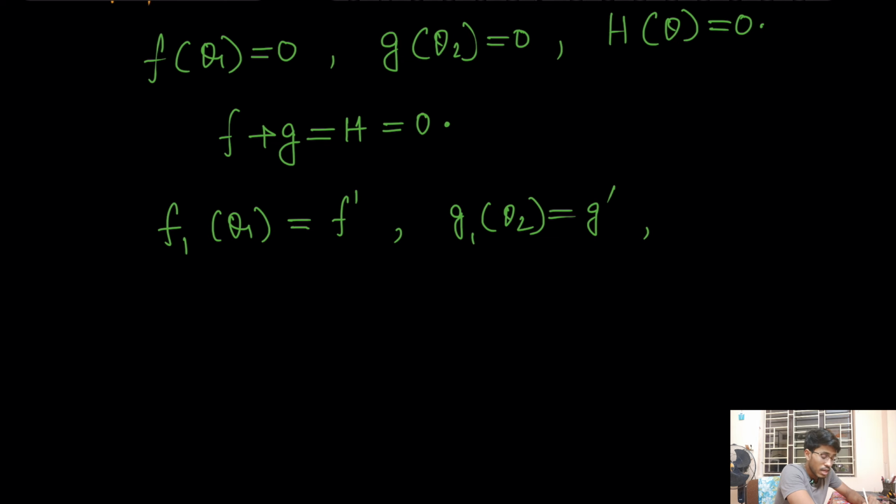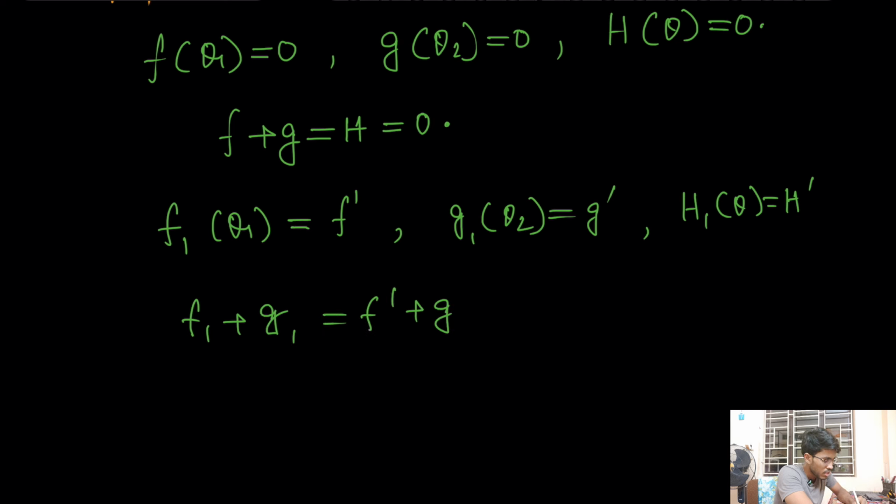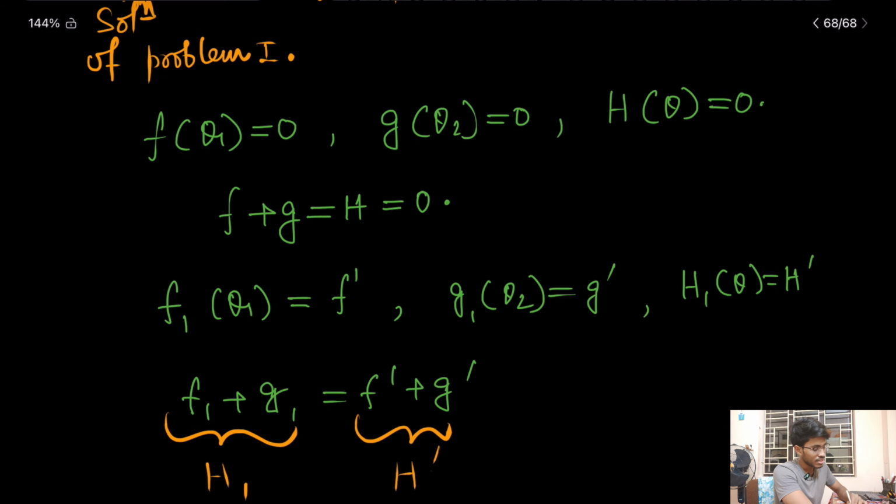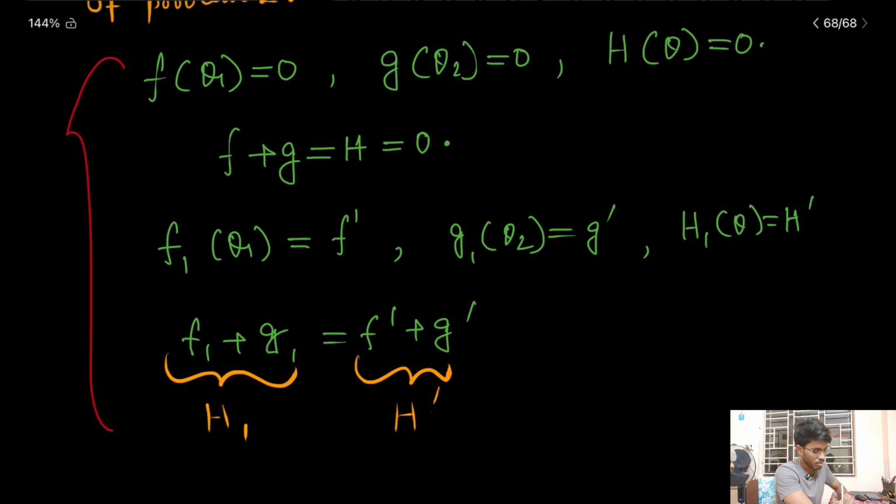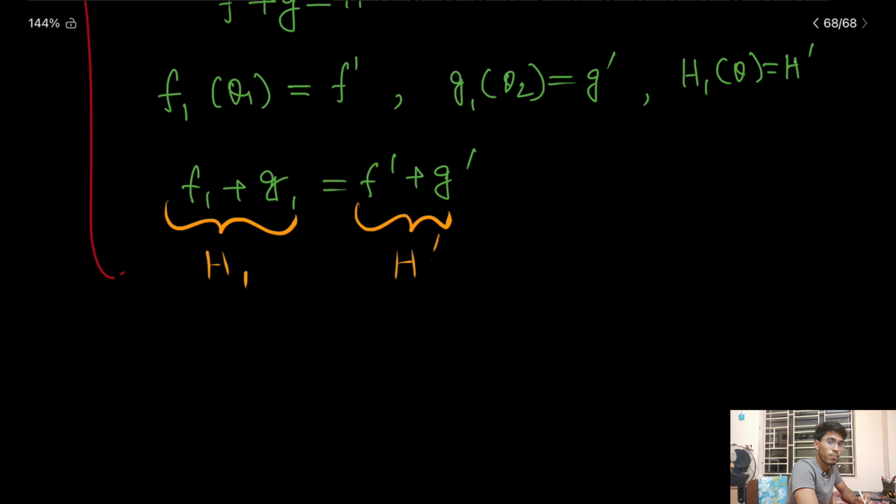If my boundary condition for theta is given by h1 of theta equal to h prime, then I must have f1 plus g1 equal to f prime plus g prime. So this must be equal to h1 and this must be equal to h prime. If this satisfies these things that I have just explained, then I can say that my problem is now broken into smaller problems, and it is mathematically well conditioned.